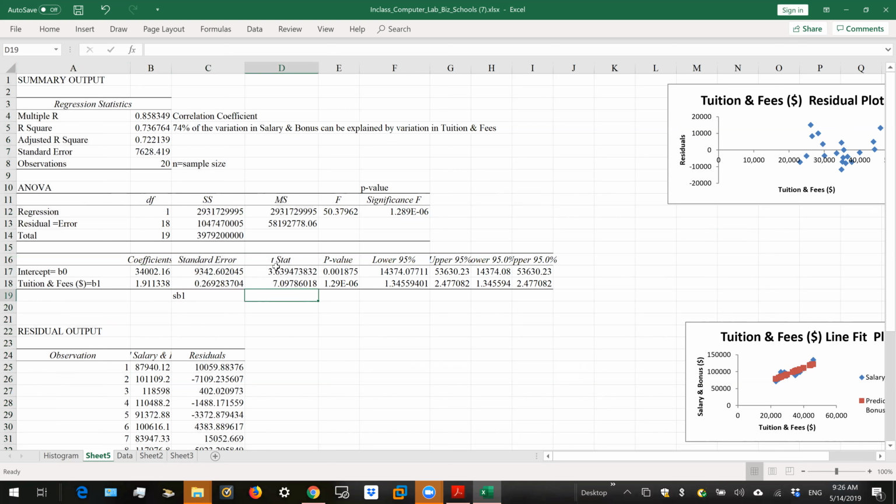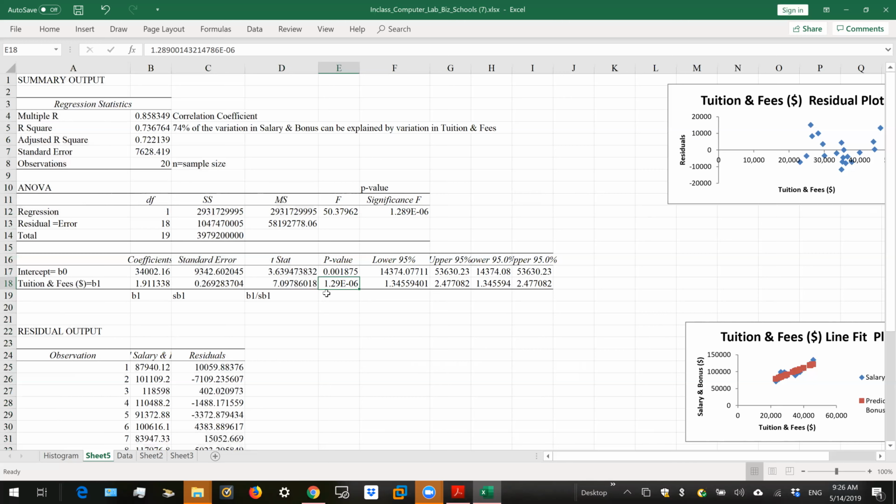What they call the t-stat, we aren't really interested in the t-statistic for the intercept, but this is just the t-statistic that we calculated for the slope, which is equal to B1 divided by SB1. So if you took this B1 number, this 1.911 is actually B1, and divided it by this number, you would get this number. That's the t-statistic. Okay, the p-value then is the p-value for this t-statistic using the correct number of degrees of freedom.